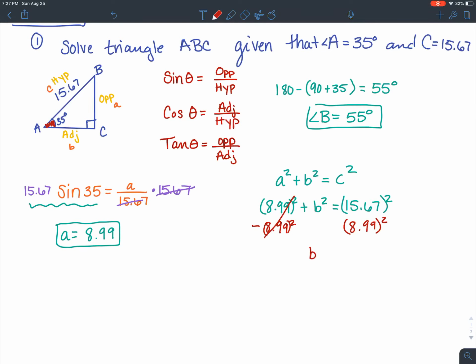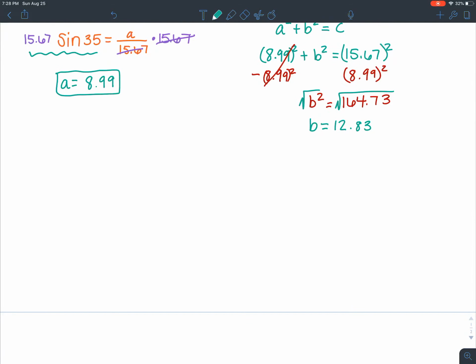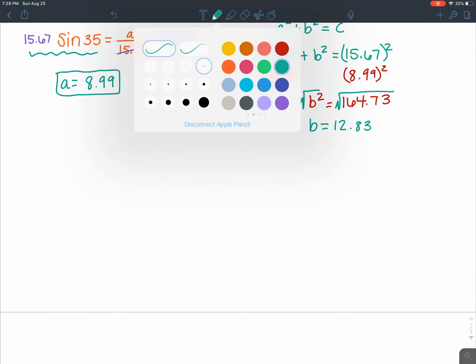And so then I get b squared equals 164.73. In order to finish this problem, we are going to have to square root both sides. And I get that b equals 12.83.